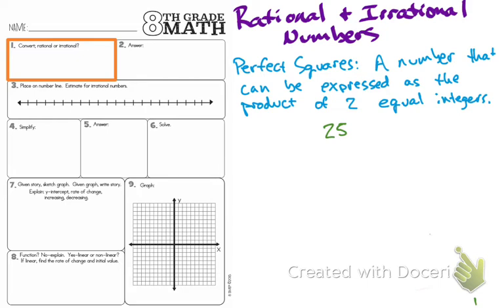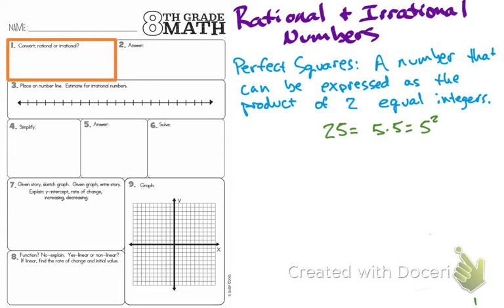In this case, I've given us an example of the number 25. 25 is known as a perfect square because we can find 25 by multiplying two equal integers together. 5 times 5 equals 25. That means that 25 meets the requirements for a perfect square. If you're wondering where that term comes from, it comes from the fact that we could also write 5 times 5 as 5 squared using an exponent.